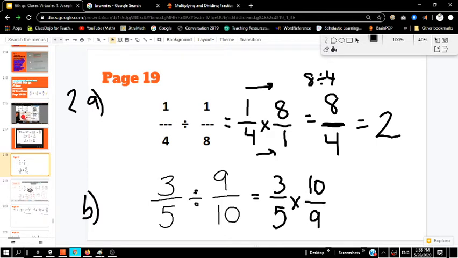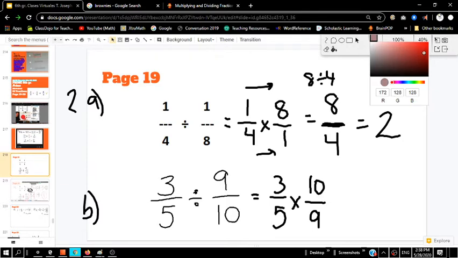Now right away I see that I can simplify these fractions. For example, I can, if I wanted to, divide both 3 and 9 by 3. If I divide 9 by 3 and 3 by 3, that's going to give me 1/3.